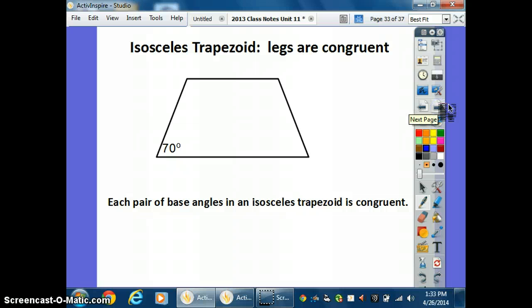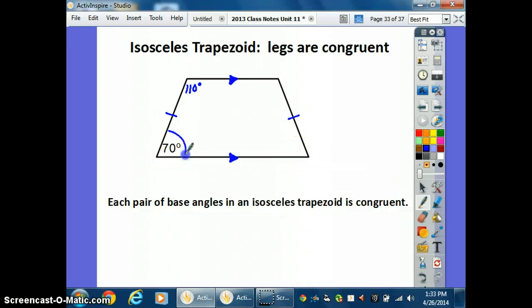Okay, now let's say we have a special trapezoid, one that's isosceles, where those legs are congruent. And we also know that the bases are parallel. And we know if that's 70, this has to be 110 because these lines are parallel. Well, there's something else. When we have an isosceles trapezoid, this is making the same angle as this one.